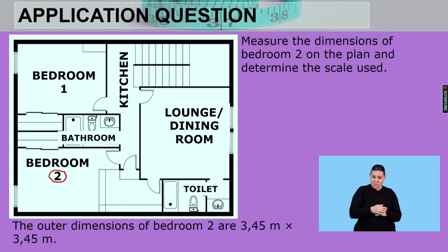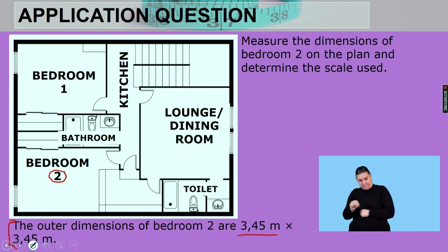Something a little bit different now. So just from the previous one, the outer dimensions of bedroom 2 are 3,45 meters by 3,45 meters.